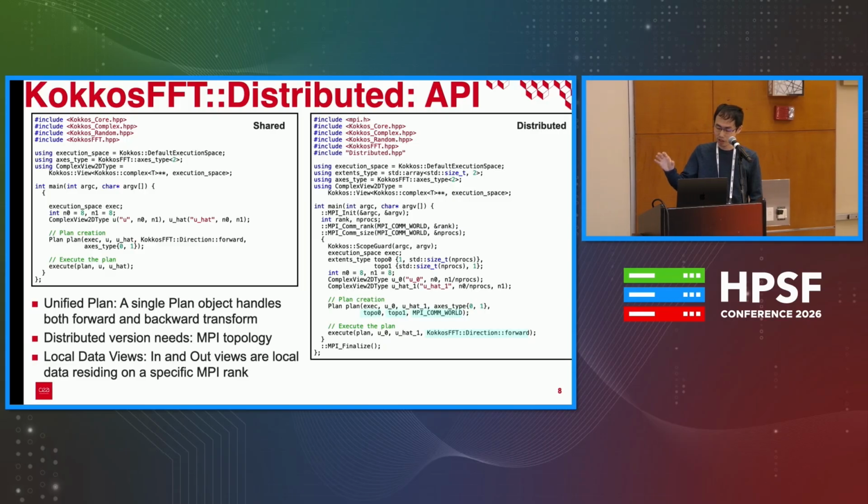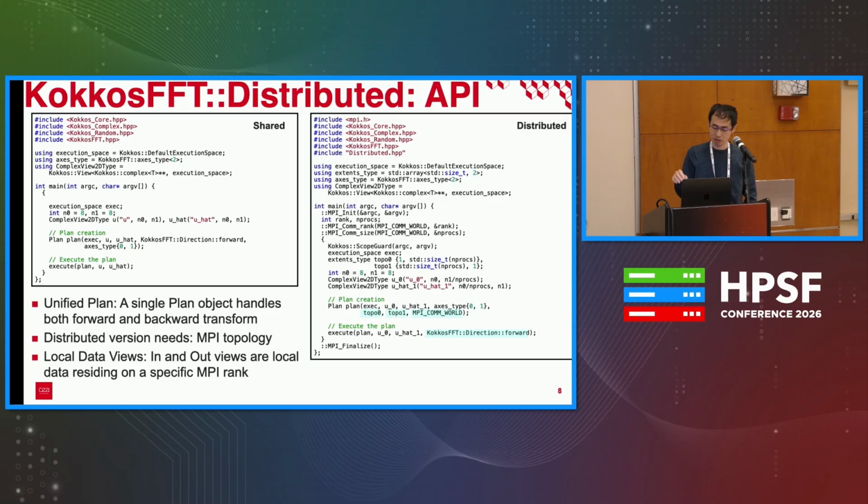The distributed FFT API is designed to be quite similar to this one. The major difference is that you need to specify the input and output topology, and also the communicator you are interested in. In addition, the input views must exist locally, so they are already distributed, and we also need to feed the input and output topologies.